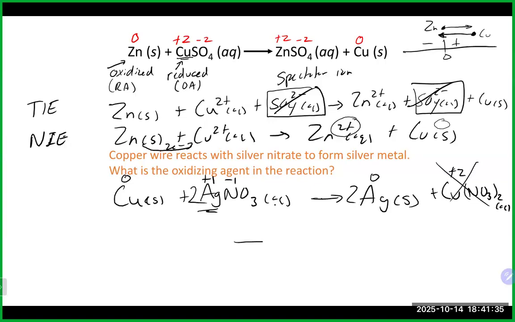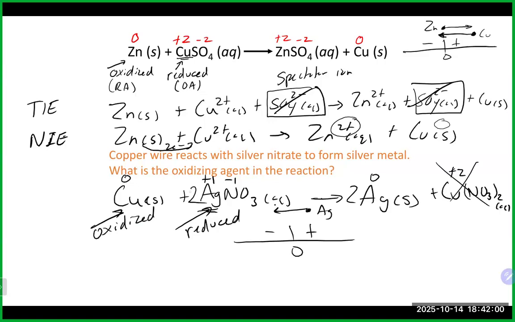Silver on the left-hand side here is +1. On the right-hand side, it is ending up as 0, which means the silver in this case is becoming more negative and being reduced. And that means by process of elimination, we know the copper here should be oxidized.